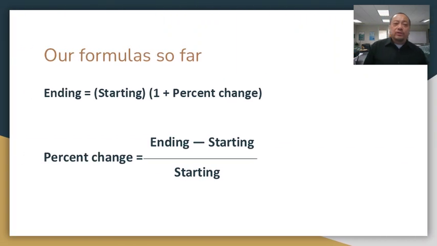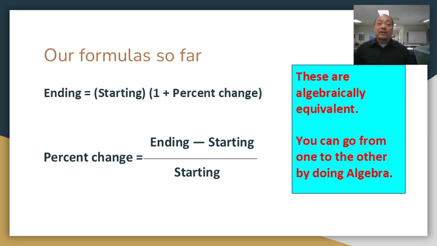Let's see what we've got so far. We have these two formulas. Formula for ending value equals starting times parentheses 1 plus percent change. Formula for percent change equals ending minus starting, the whole thing over starting. These two formulas actually are algebraically equivalent, meaning they are just one formula, just moved around algebraically.